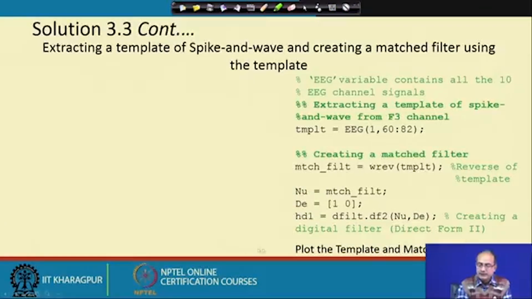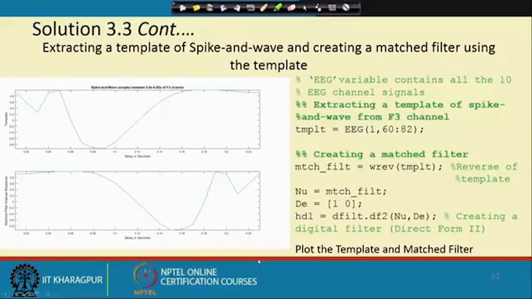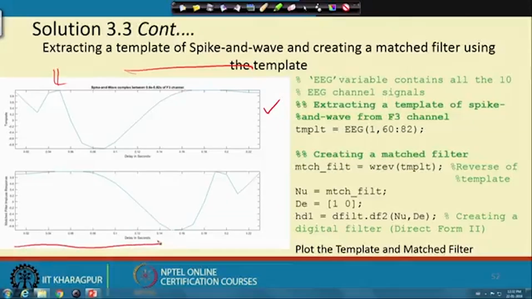Now let us look at the plot of the template and the match filter. Here at the top we are showing the template, first the spike and then the wave. After flipping, in the match filter impulse response, that smooth wave will come first, followed by the impulse, or the spike.